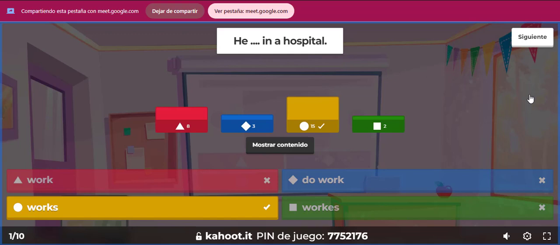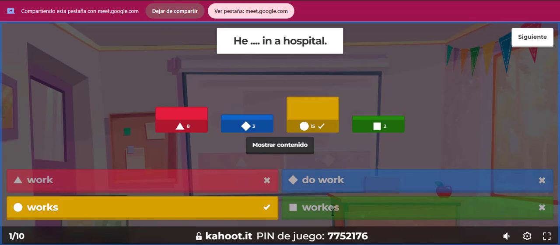Since we are using the subject he, then remember that we need to add the s. This is an affirmative sentence and we add the s. So he works in a hospital. We cannot have the auxiliary in the affirmative sentence.